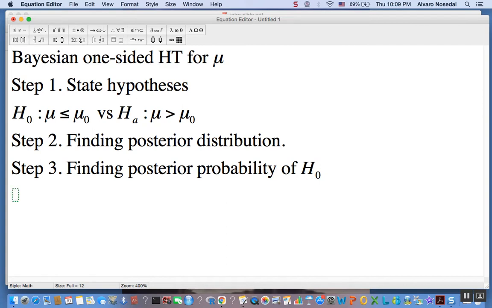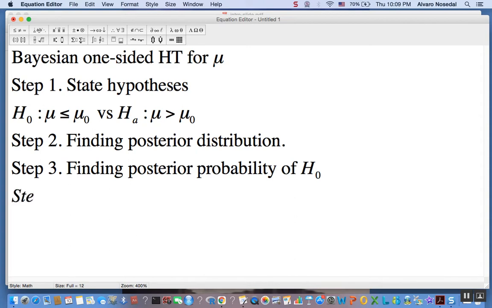Step 4, your conclusion. From a frequentist perspective, if your p-value is small, then you reject. From a Bayesian perspective, step 4 will be: if the posterior probability of H0 is small, then you reject.